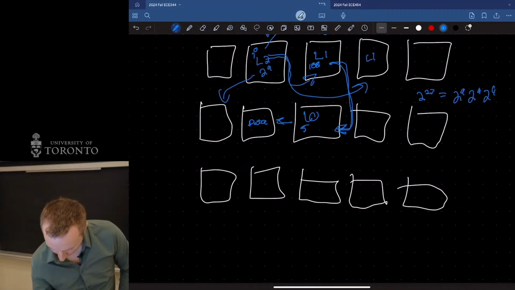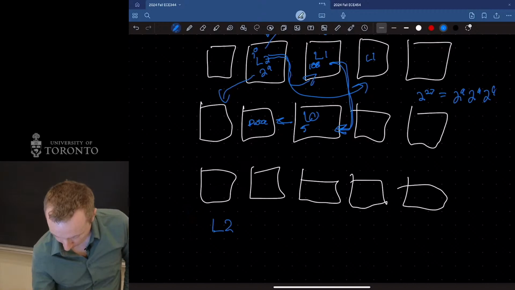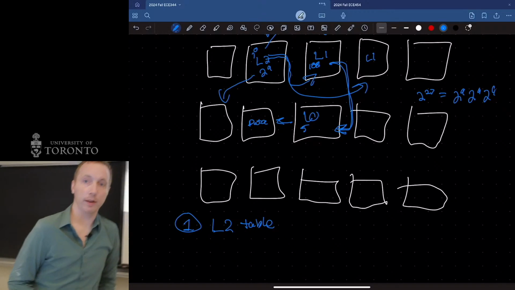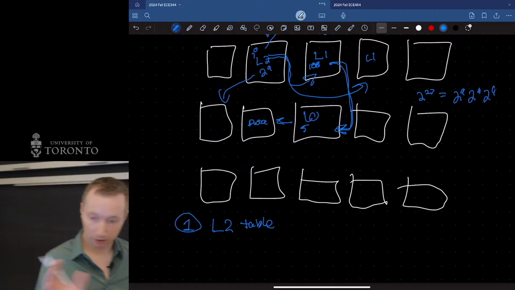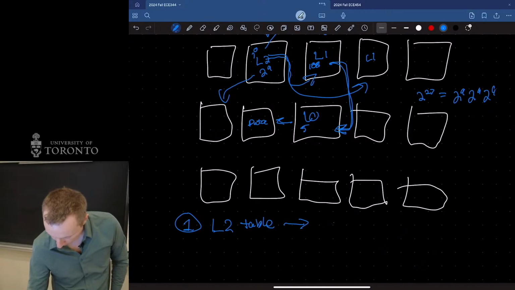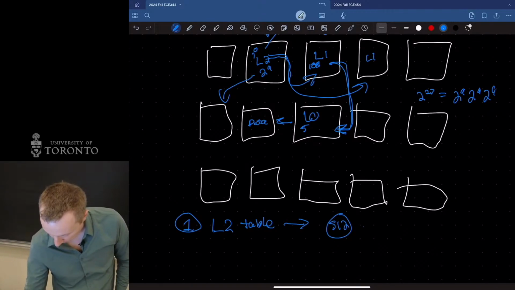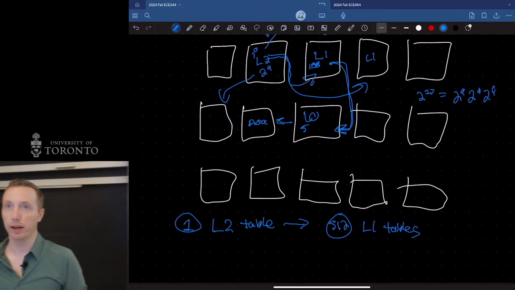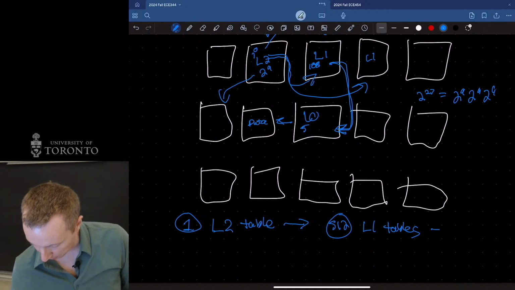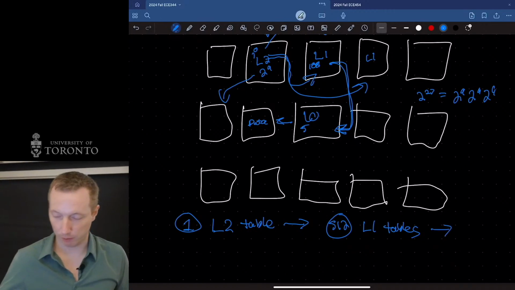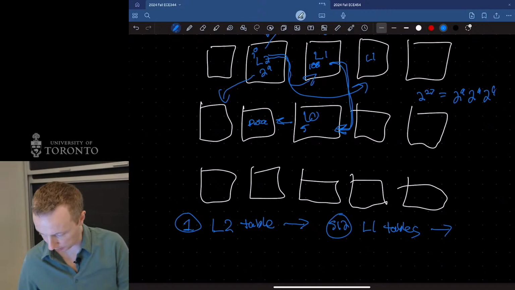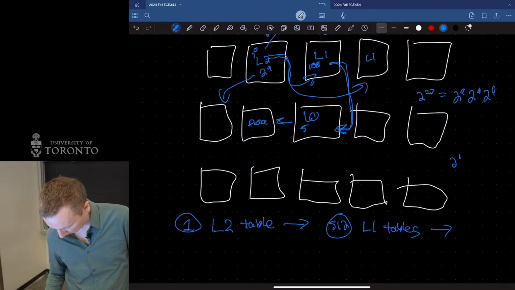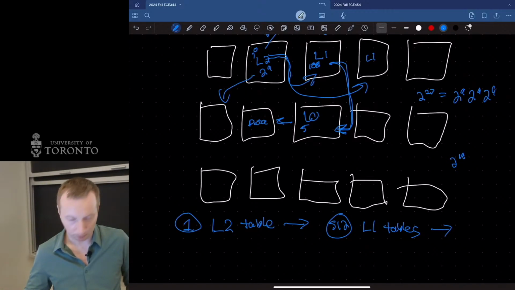So there's always 1 L2 page table, and it can point to up to 512 L1 tables, and then each of those can point to its own 512 of them, which would be 2 to the 18.